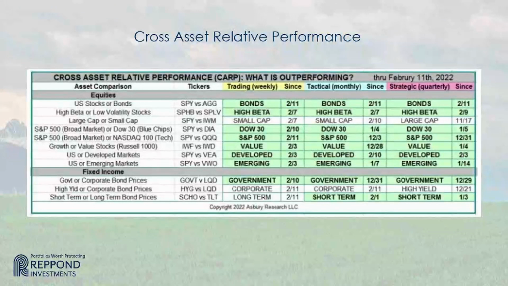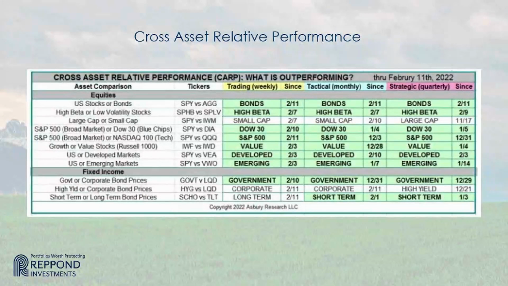Now let's go over to fixed income. Fixed income meaning bonds. Government or corporate bonds, which one is doing better? As bad as government bonds are doing, which I've covered, corporate bonds are doing worse. So relatively speaking, government bonds are favored over corporate bonds right now.